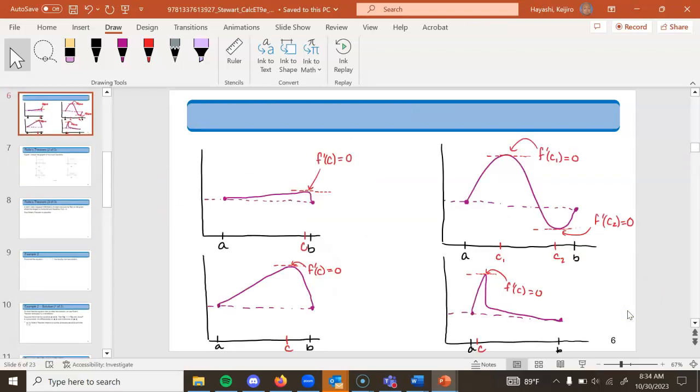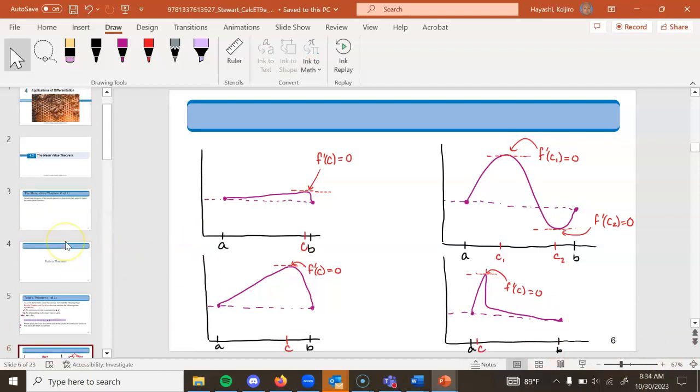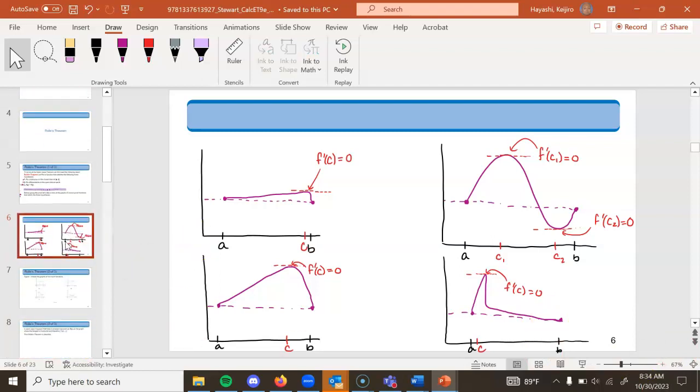One important thing to note is that Rolle's theorem, and later on the mean value theorem, doesn't actually give you any information about where C is.